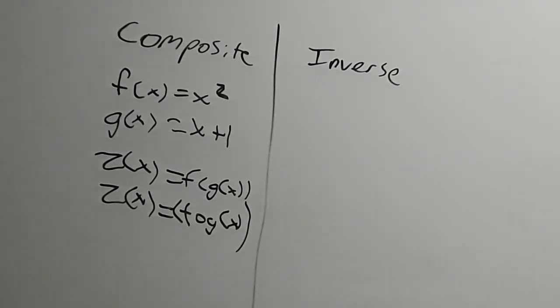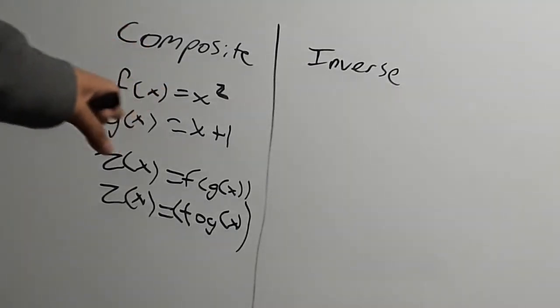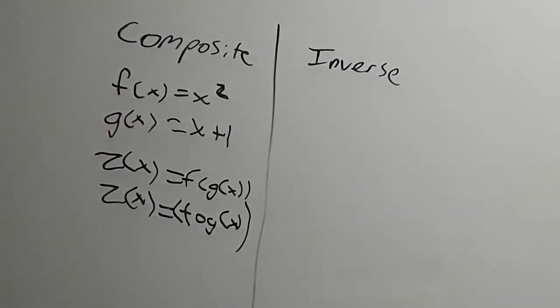Well, whatever you see in g of x, you just plug in that function over here. And whatever happens to x, you do to the x right there. So you have x plus 1, and you would plug it into x squared, so it'll be x plus 1 squared.